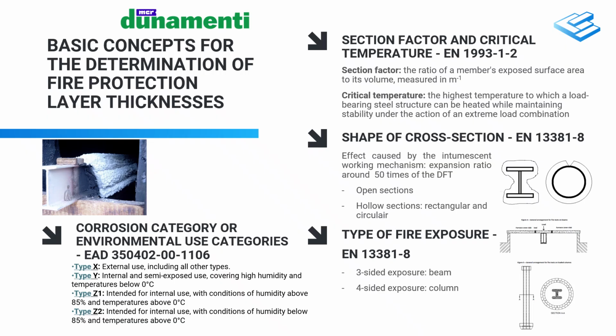A beam is considered 3-sided if it's supported by a reinforced concrete slab, whereas a freestanding column, for example, is considered 4-sided. The environmental use categories based on EAD regulations also influence the fire protection solution, as the intumescent coating must also protect against these environmental factors.